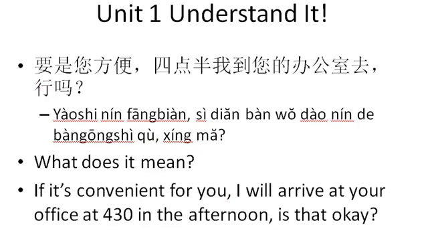Okay, did you get close to this? If it's convenient for you, I will arrive at your office at 4:30. Is that okay? So let's look at this piece by piece. 要是您方便, if it's convenient for you. 4点半我到您的办公室去, I will arrive at your office at 4:30. 行吗? Is that okay?